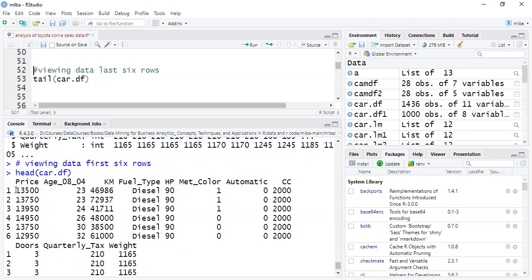The price of the first car is 13500 and it is 23 months old, and the kilometers it has run are 46986. It's of type diesel. Horsepower is 90. cc is the engine capacity, right? Now it has 3 doors and its weight is 1165, right?